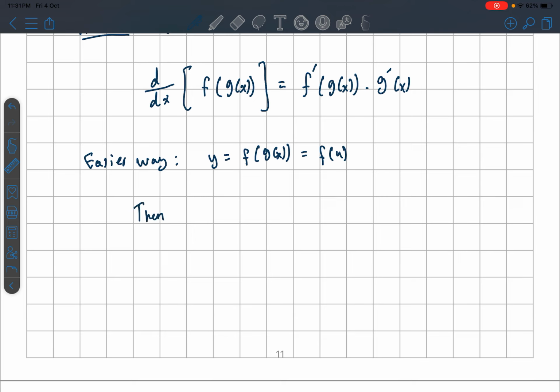So then d over dx of f of g(x) is equal to df over du times du over dx.